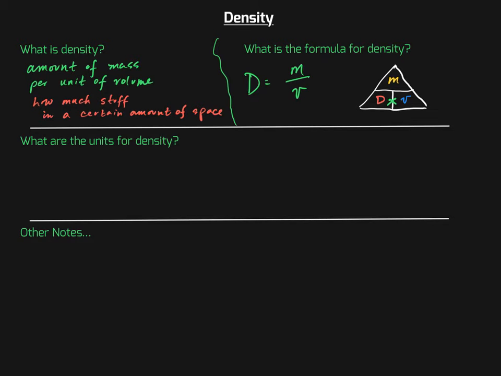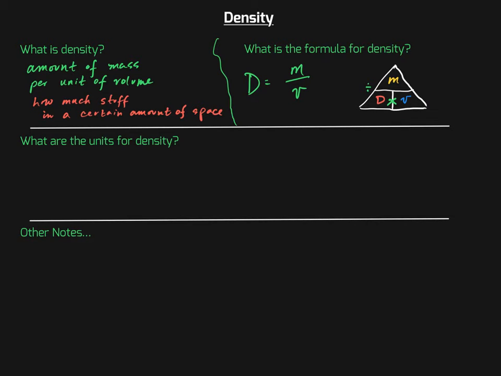Now, let's say that I asked you to solve for V. We'll cover up your V in your pyramid, and you're going to see that you have mass divided by density, or you have mass over density, and that's going to tell us that we're dividing mass by density. So if you cover up the V, you're going to have division over here.